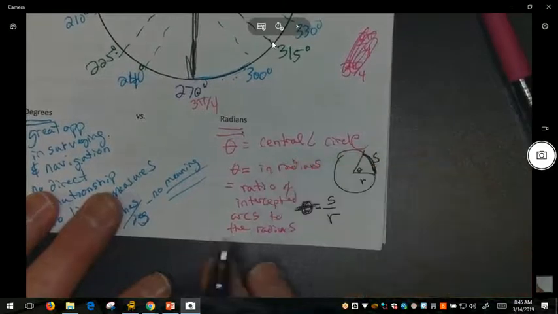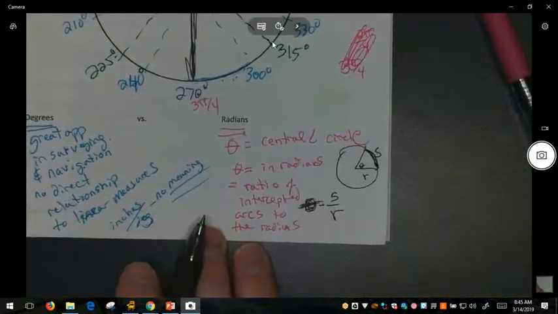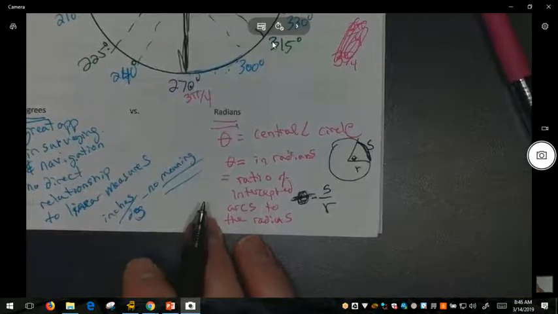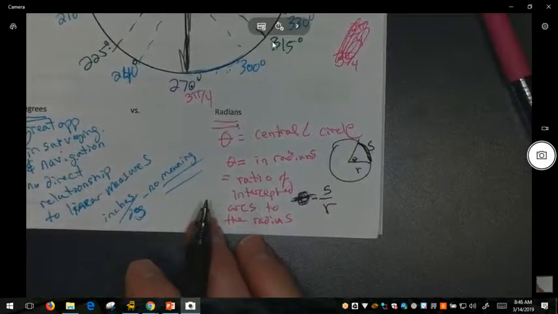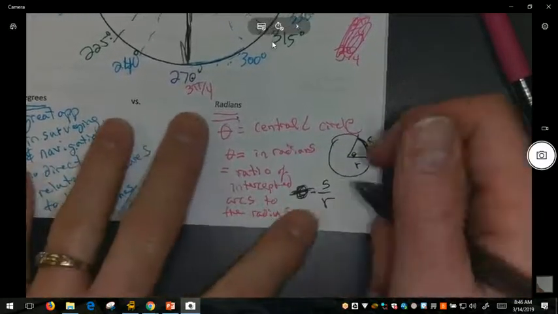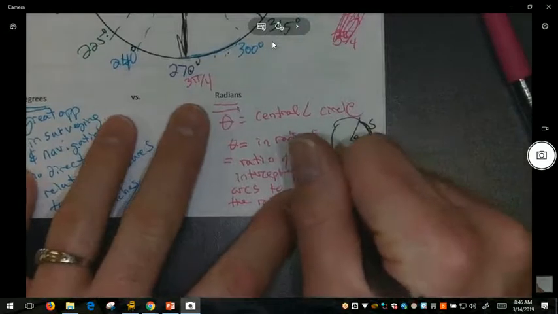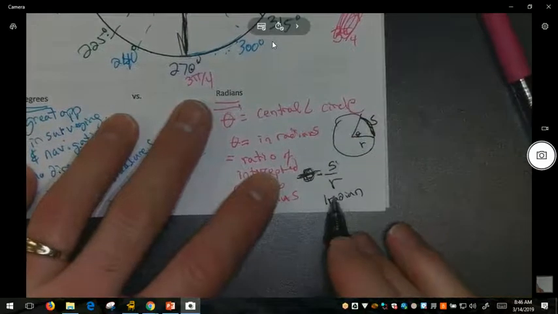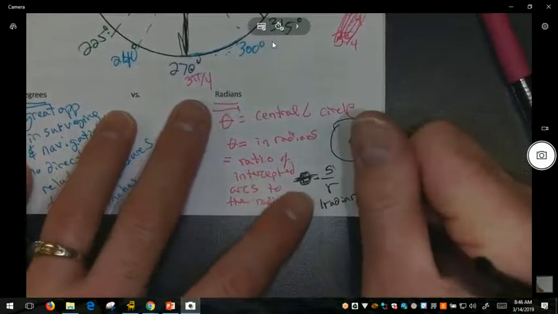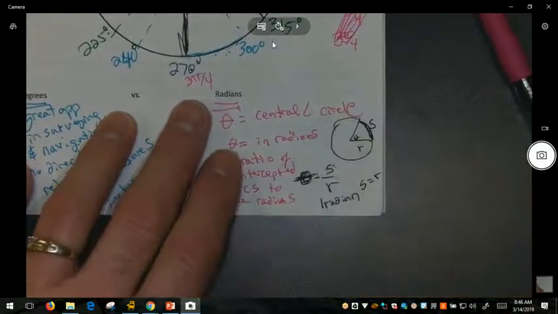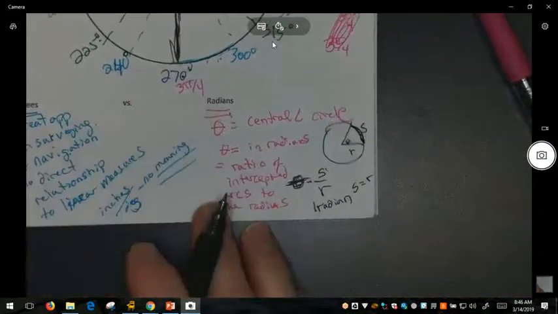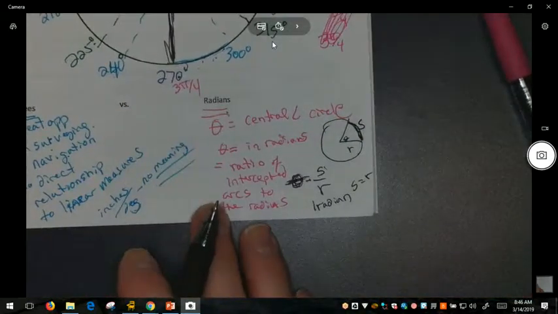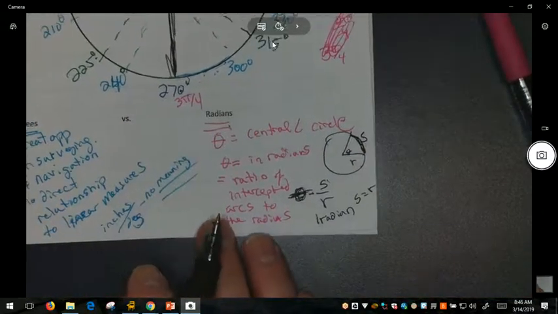There is an understanding of the linear measurement built in. When we have 1 radian, so if you did S divided by R and you got an answer of 1, that means that S and R are equal. So there's a little bit of background about where radians come from and what radians are.